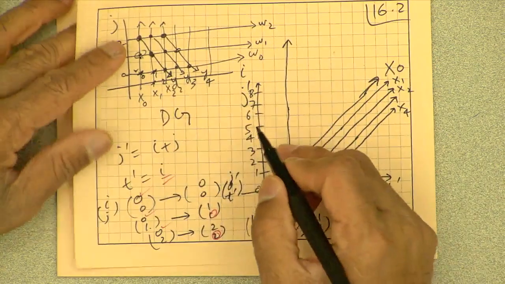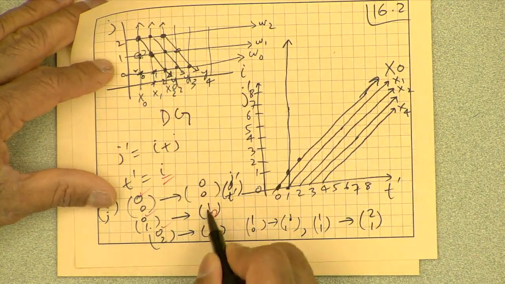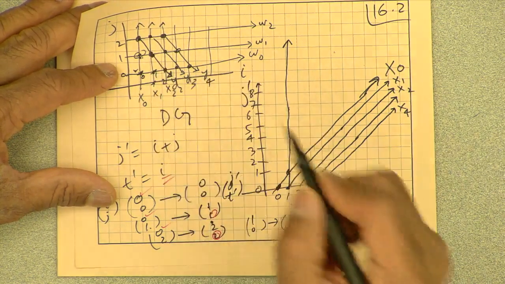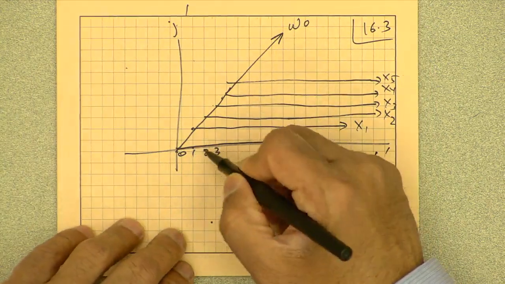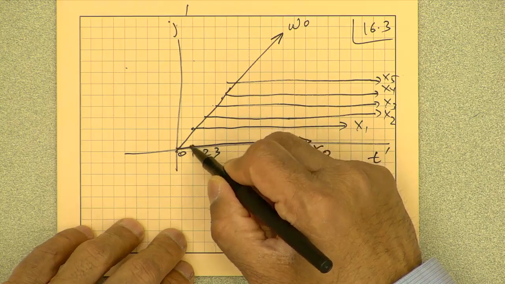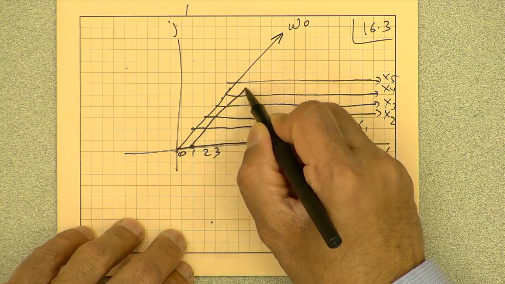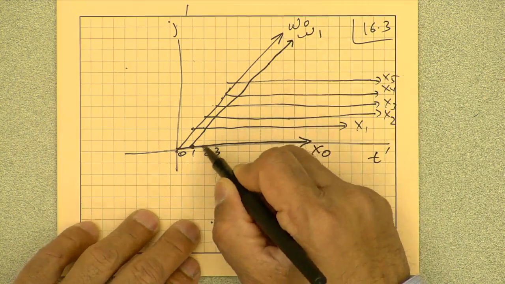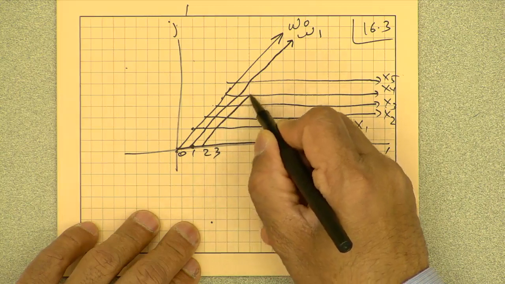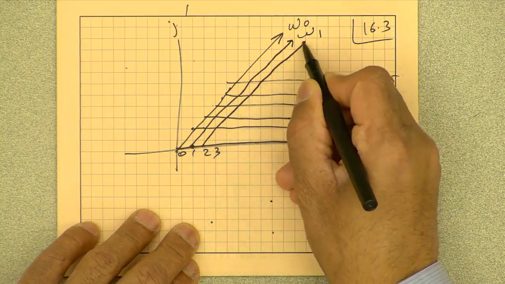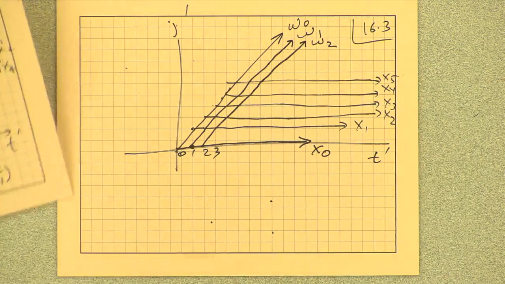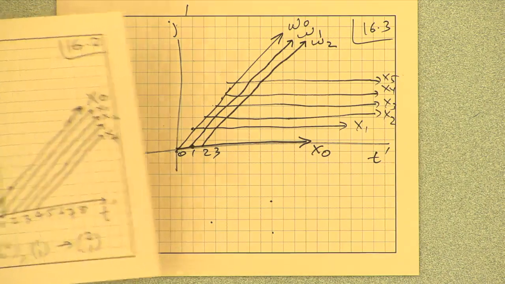And W1: 0, 1 is 1, 0, and then 1, 1 is 2, 1. So I take 1, 0 and 2, 1. So that's W1, and the next parallel line will be W2. All right, so those are the x and w lines.